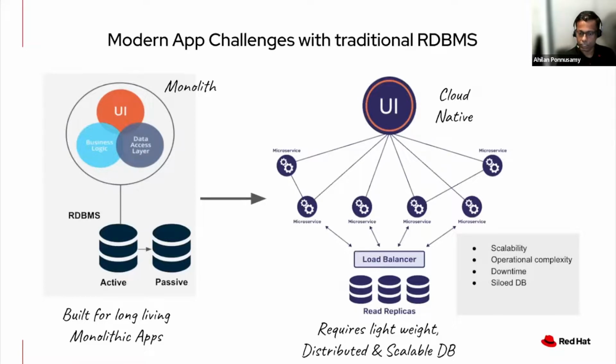The modern ecosystem requires a more lightweight, distributed, and horizontally scalable database ecosystem, and also supports different types of data workloads, not only SQL, but SQL, NoSQL, as well as streaming workloads. I think that is what is triggering the momentum towards a more distributed data fabric kind of deployment that we are seeing more and more prominently in the industry. Next slide, please.